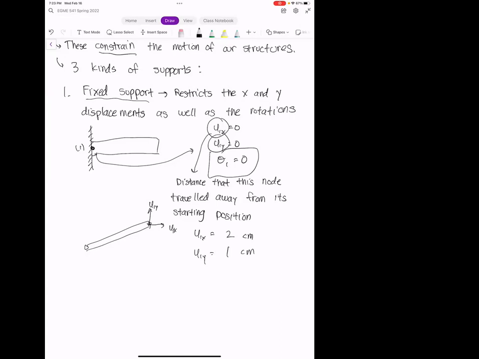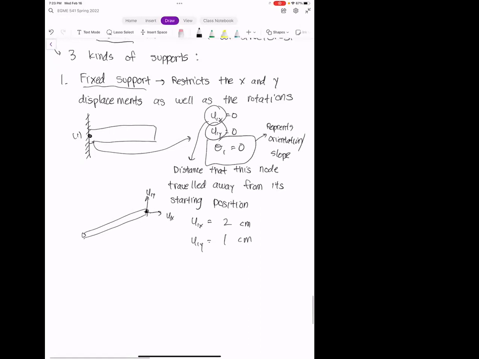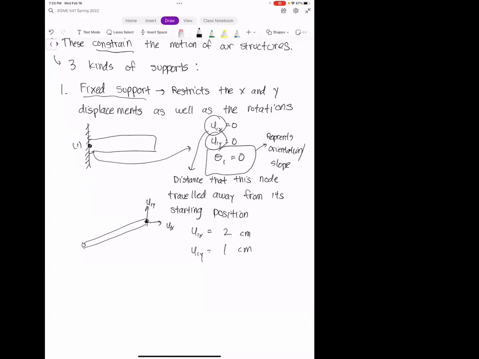So rotations represent the orientation of the element at that place. Another way that people think of it is as the slope. This point here might displace by certain flat distances, but that doesn't say anything about how the element itself is actually oriented.